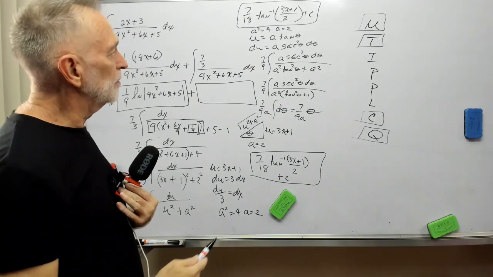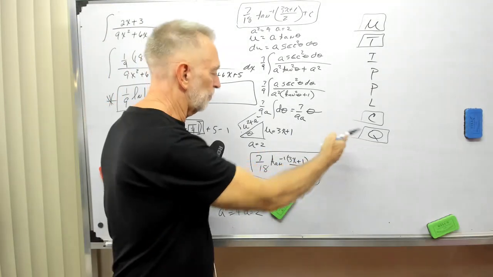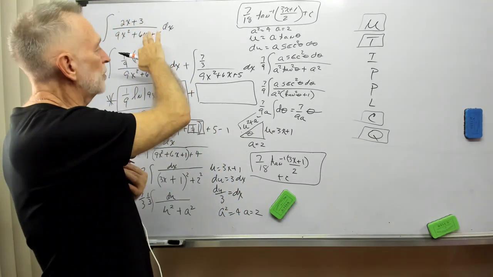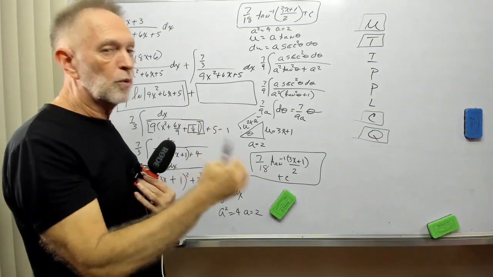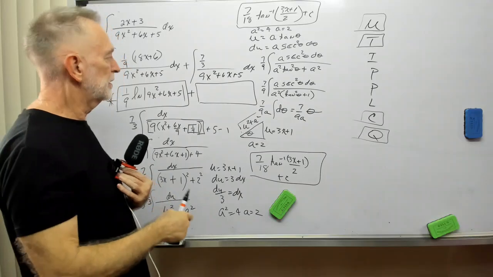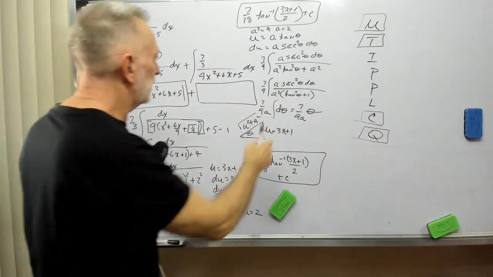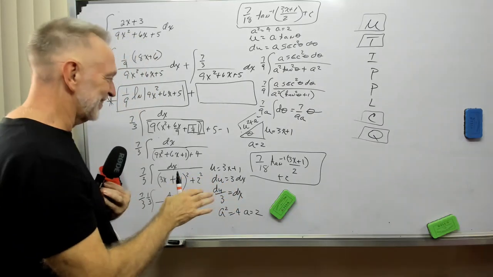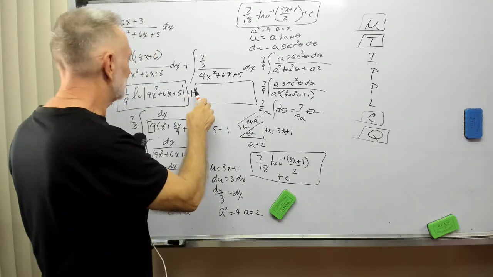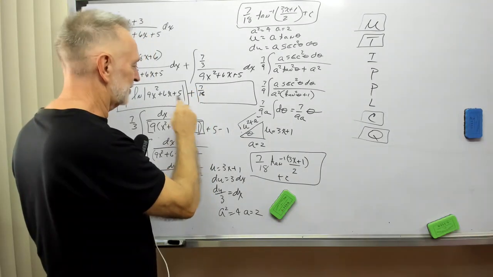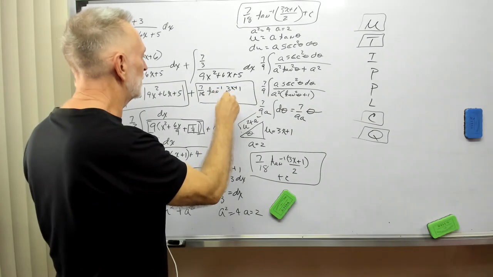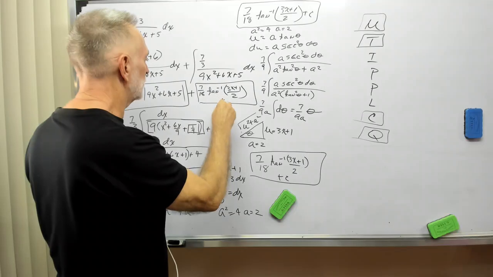Okay, what tools did we use? What I'm calling the method of quadratics, where we're trying to set the numerator equal to some multiple of the derivative of the denominator. That's the key factor there. Oh, we're not finished yet. Sorry. Okay, that is what goes in this box right here. So that's plus 7/18 tangent inverse of (3x plus 1) over 2 plus c.